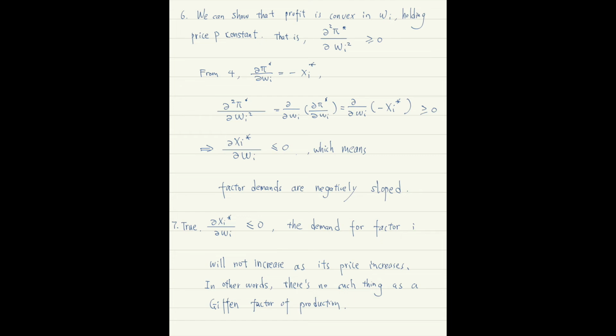Partial pi over partial W is equal to minus xi star. Combining these two results gives us the slope of the input demand, partial xi over partial wi, which is negative. It means the factor demand is downward sloping.